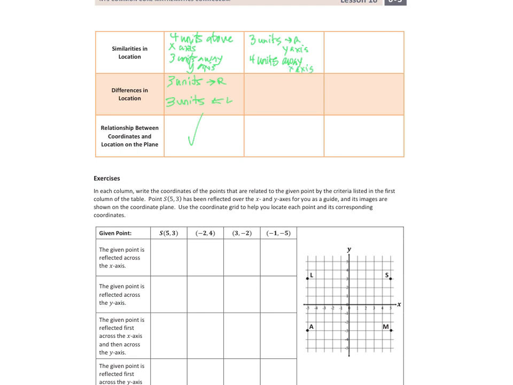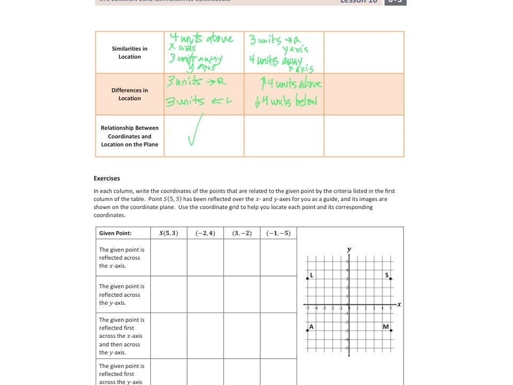See, to me, that's just too much to write in there. And the difference in location: one point's 4 units above the x-axis, and the other's 4 units below. That's not so helpful.